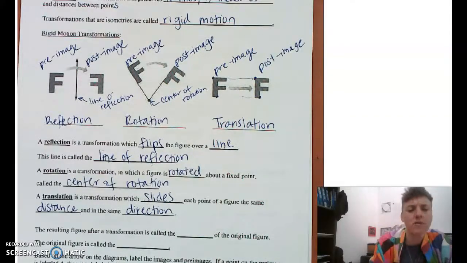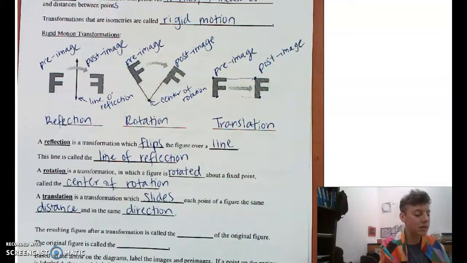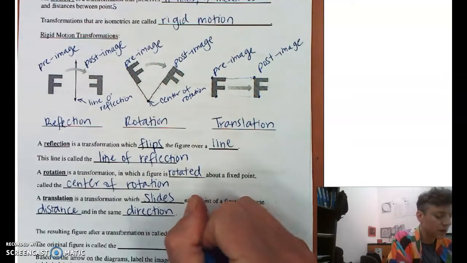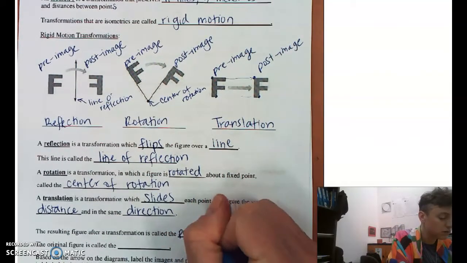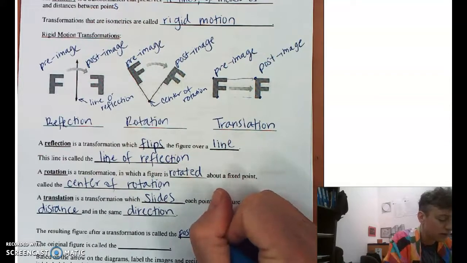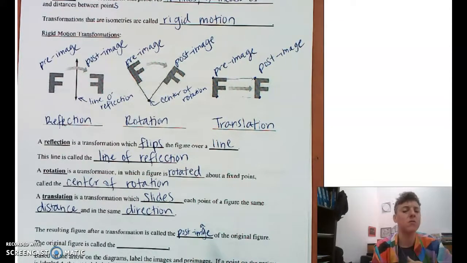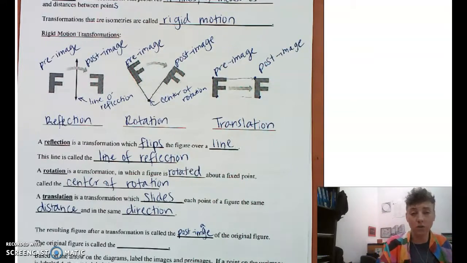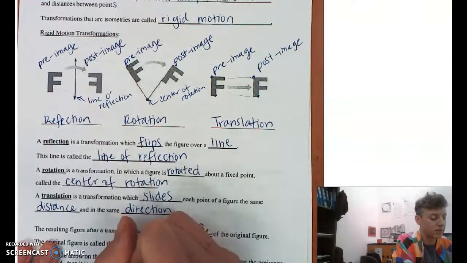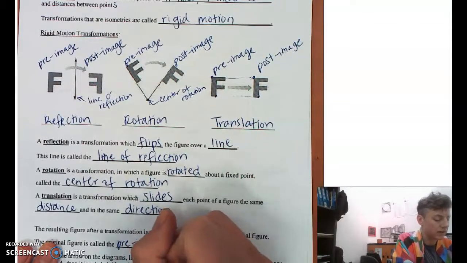The resulting figure after the transformation is called the, what have we been calling it? We've been calling it the post image. The post image. It's correct, ladies and gentlemen. That word is image of the OG figure. The OG figure was called the pre-image.